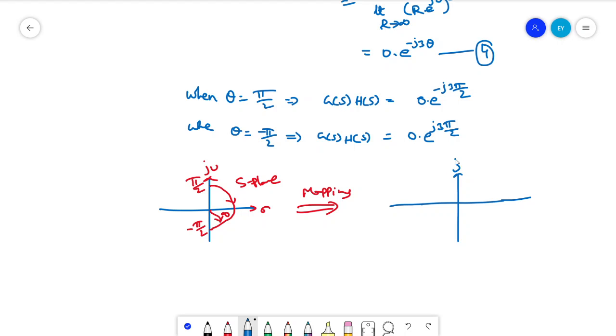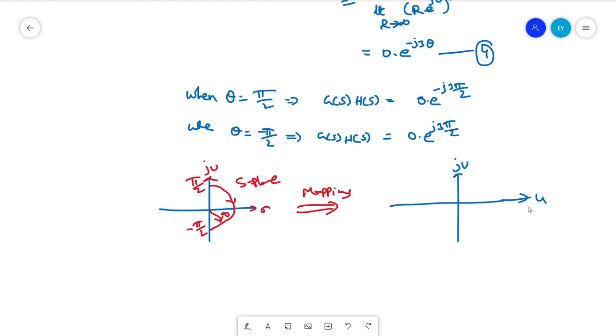I will consider this as jv, this as u, and see how the plot is starting actually. The plot is actually starting here, it is of radius 0. Radius 0 means it's almost 0, it's negligible, but still it will make the circular shift from minus 3 pi by 2, minus 3 pi by 2 means 270.